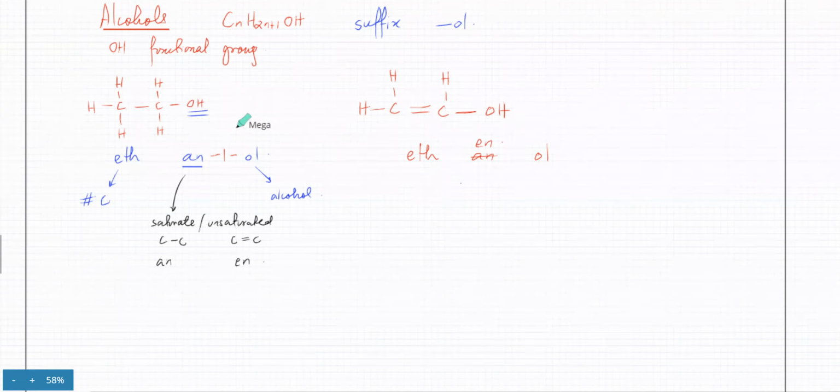On the other hand, over here, OH is at position number 1, and 'en' represents the double bond. You're going to count from this side so that both of them get smaller numbers. So this would also be 1. The proper name would be eth-1-en-1-ol. You have to mention the position.